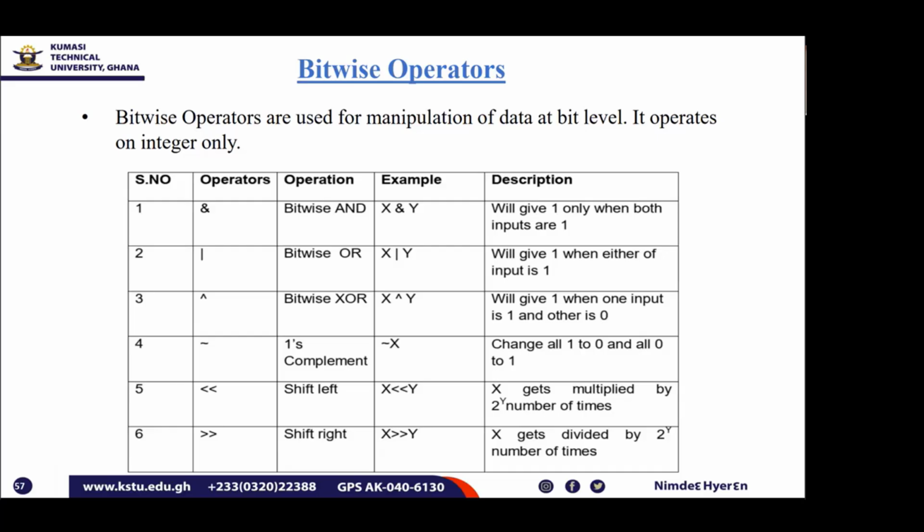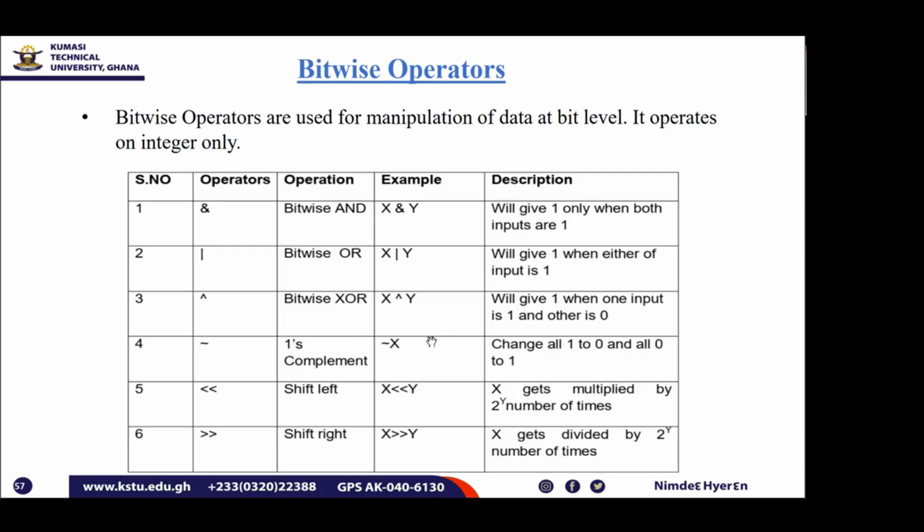All right. So with that understanding, for the AND logic gate, when you take the truth table, like I have shown in that diagram, you would only get 1 when both inputs are equal to 1. And for the OR, you would get 1 when either of the inputs is equal to 1.